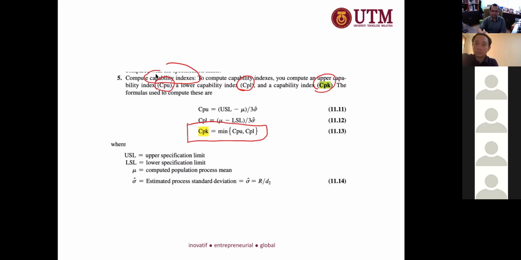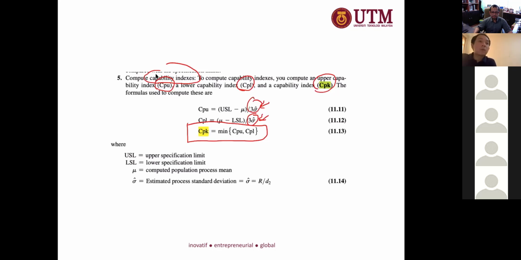How to calculate the process capability upper and lower, these are the formulas. And again, 3 sigma, because the normal distribution chart for the SPC is based on 3 sigma. So we should have the upper limit, lower limit, the mean, and the standard deviation. Then we are able to calculate the process capability.